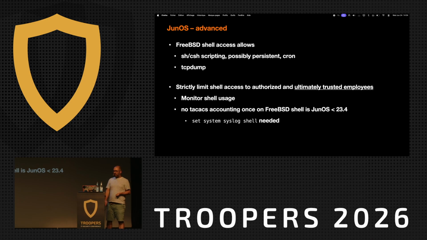If you want to go further than that, in terms of malware or operations, both, we can have access to the FreeBSD shell. So on the FreeBSD shell, you can have sh or csh shell scripting, possibly persistent, depending on where you put your script. You can have cron access also. You have tcpdump.